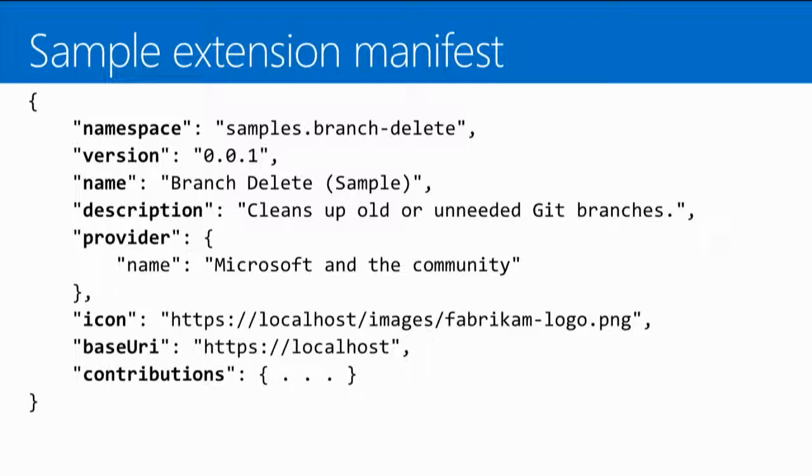This top part of it really just lays out the basics, like what you'd expect: the ID, the version, the description, who provided it, an icon that's going to appear, a base URI, which is important, as I mentioned, because your static content for your extension is going to be hosted elsewhere right now. That would actually be something like HTTPS, mysite.azurewebsite.net/something. And then I'll get more into contributions here in a minute.